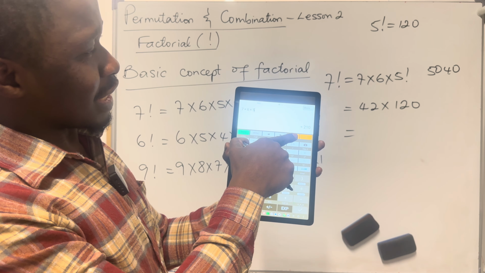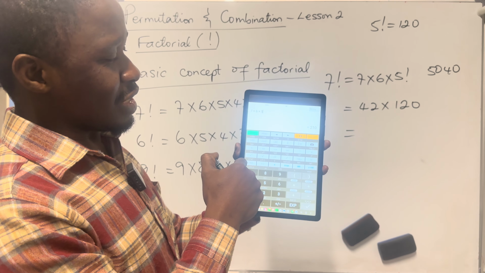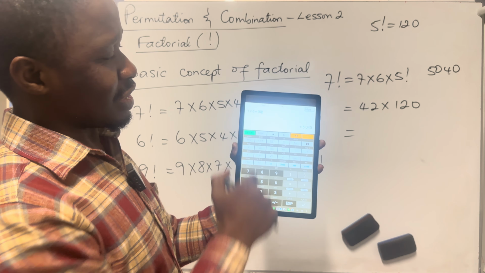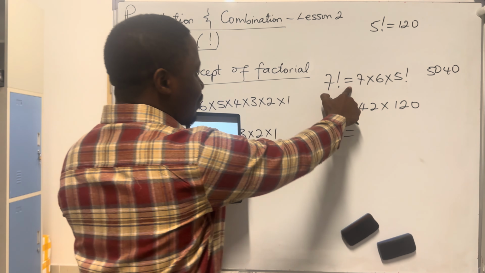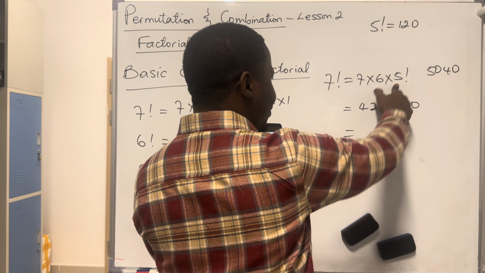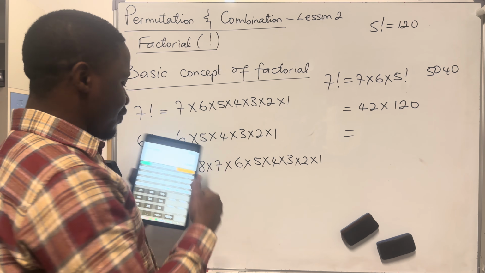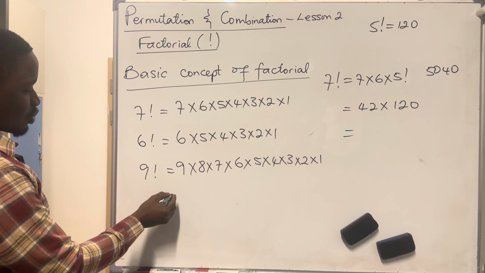What do we get? 210, because I failed to indicate the factorial. So now see the factorial. What do you see? 5040. That is it. So 7 times 6 times 5 factorial is 5040. It is the same as 7 factorial.